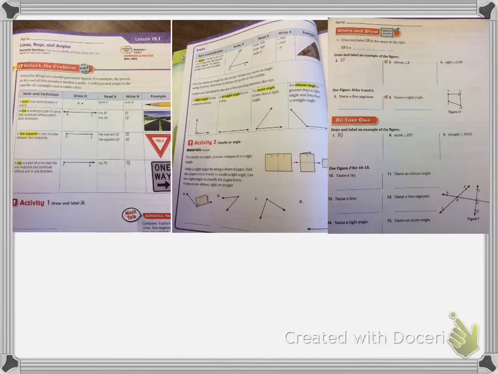Then we've got a line, and you have to remember for a line, it's really important that a line never ends. It will never end. It goes on and on for an infinite amount of time. Anyway, with a line, you should see an arrow on both ends.